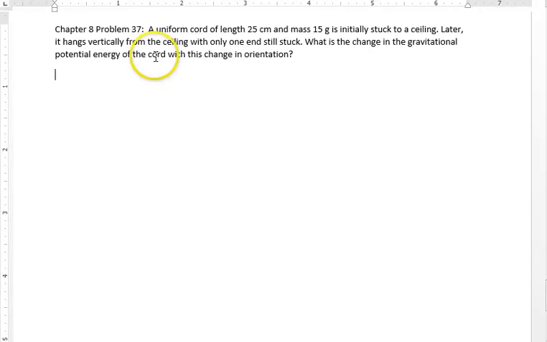Okay, so problem 37, we have a core that's 25 centimeters long. It weighs 15 grams. That means it has a mass per unit length of 0.015 kilograms per 0.25 meters.